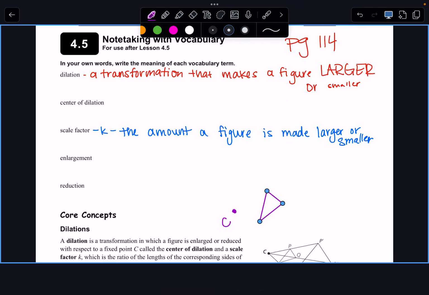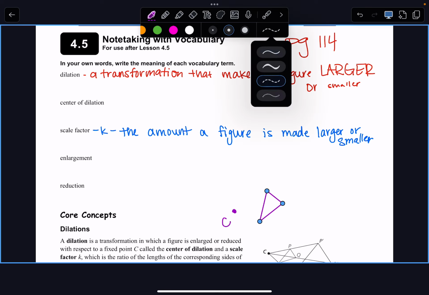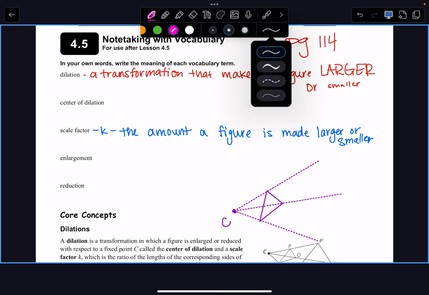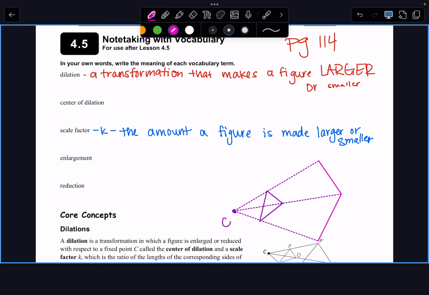Okay, so this is what I'm going to do. I'm going to draw you a little picture here. I cannot draw that. All right.